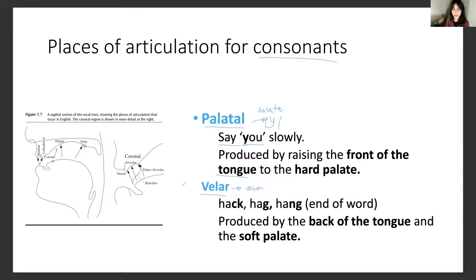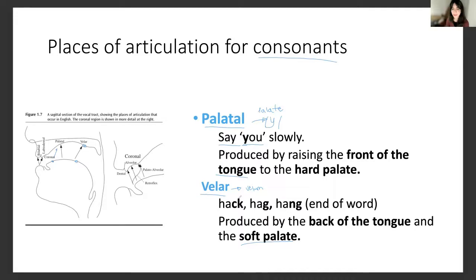And usually, the part of the tongue that can reach to that back part is the back of the tongue. So velar sounds are produced by the back of my tongue pressing or interacting with the soft palate. So those are velar sounds.